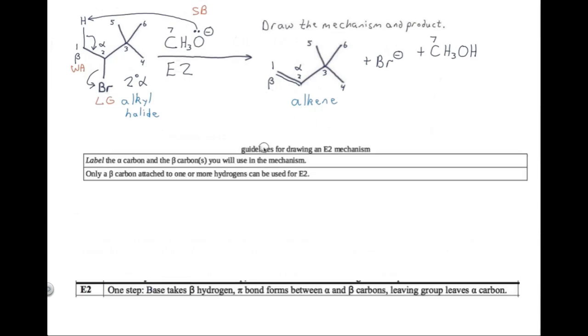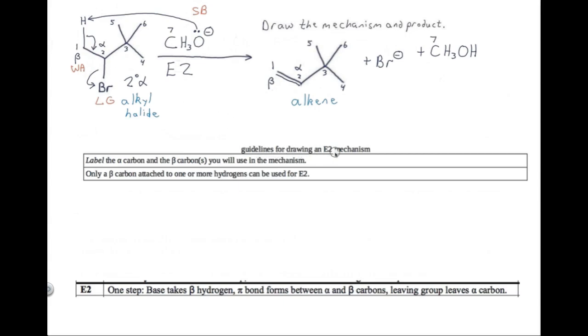Here are some guidelines that are useful for drawing E2 mechanisms. We saw what an important role the alpha and beta carbons played in this E2 mechanism. So my advice is that you should always label the alpha carbon and the beta carbon that you're using in your mechanism. We labeled our alpha carbon, and we labeled carbon 1 as the beta carbon because that was the beta carbon that we were using in our E2 mechanism.